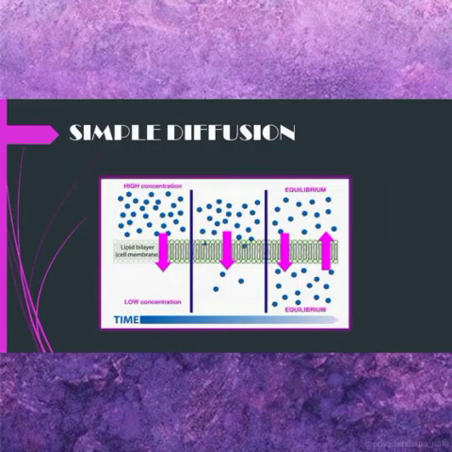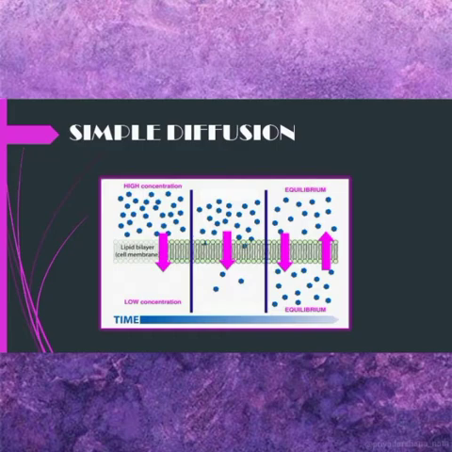So next, the simple diffusion process. Simple diffusion is the transport or movement of molecules from higher concentration to lower concentration without using energy. In this process, molecules simply diffuse through the pores of the cell membrane. Simple diffusion does not require any carrier protein.